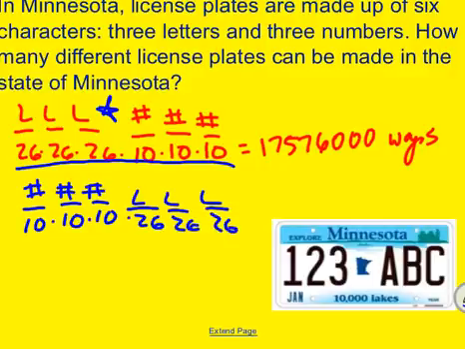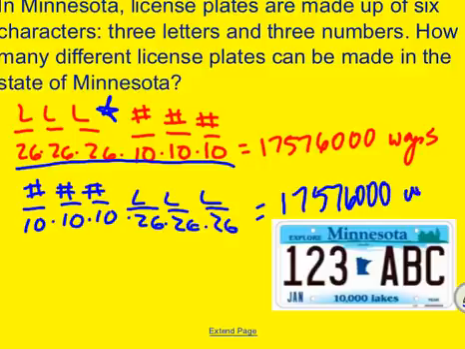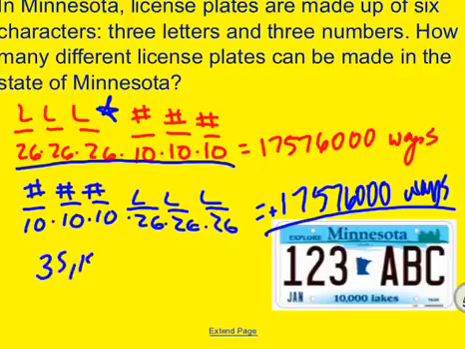Well, I know you're not all baby geniuses, but that is going to equal the same thing. So really what I could have done is just multiplied my first answer by 2. Because in the state of Minnesota, the total is going to be a combination of 35,152,000 different ways.